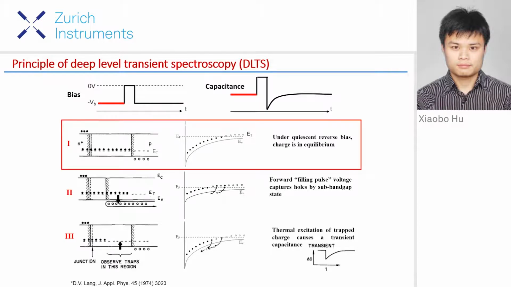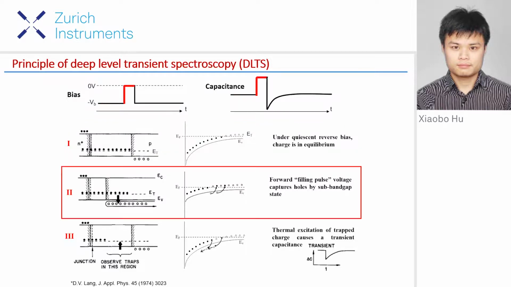First, the N plus P junction is under quiescent reverse DC bias, and the charge is in equilibrium. Then, a filling pulse forward voltage is biased on the junction. During this voltage, the trap will capture electrons from the conduction band. A sudden decrease of junction capacitance would occur.